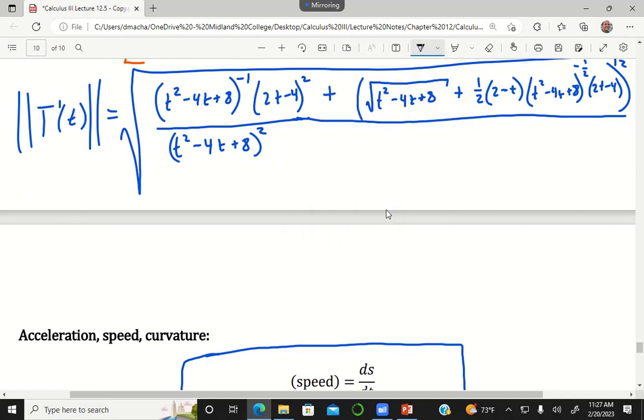Whenever I take the square root of all this, of course I can unsquare the denominator, and that would just be what it is.